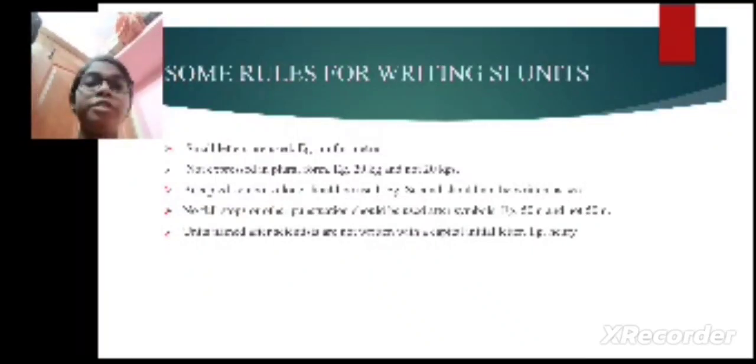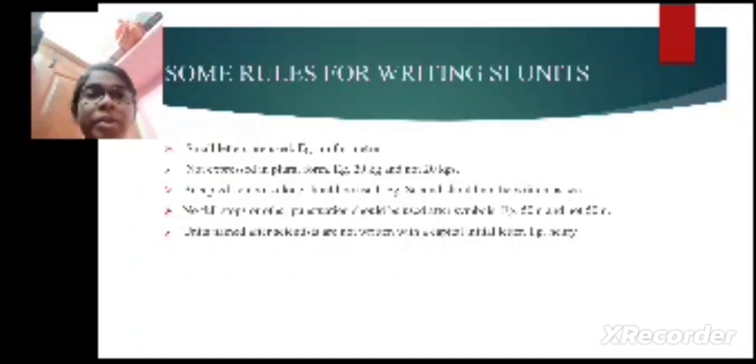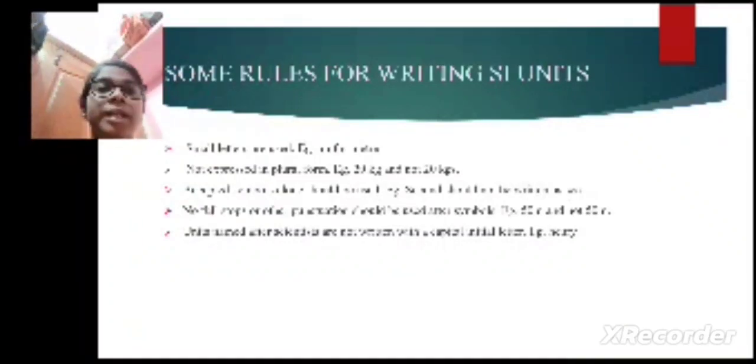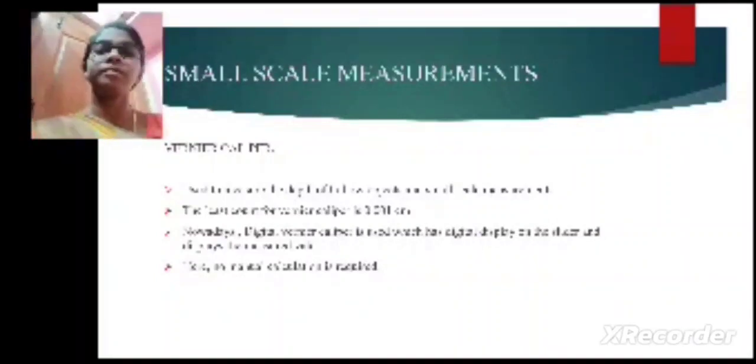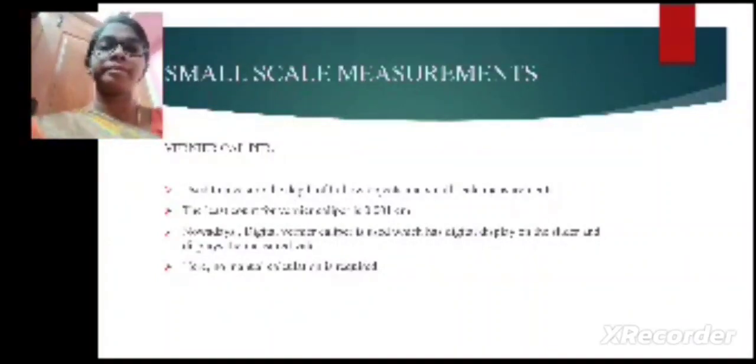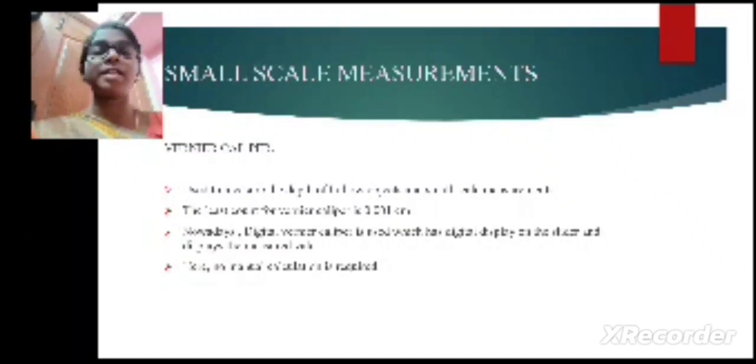Then no full stops or other punctuation should be used after symbols: 50 m and not 50 m with a dot. Units named after scientists are not written with a capital initial letter, for example henry.